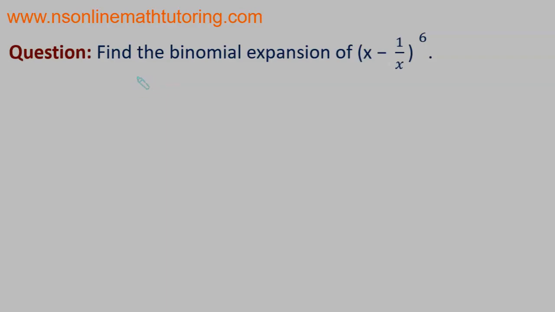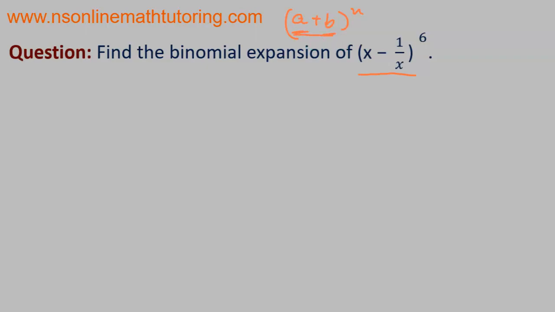Now, the first question says, find the binomial expansion of (x minus 1 over x) to the power of 6. We have learnt about the binomial expansion in our previous session, and that was (a plus b) raised to the power of n. A plus b, these are the two terms.